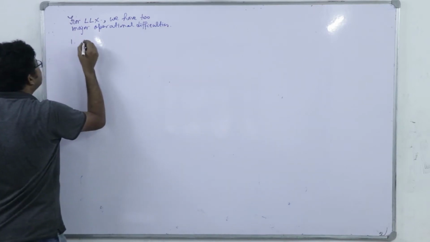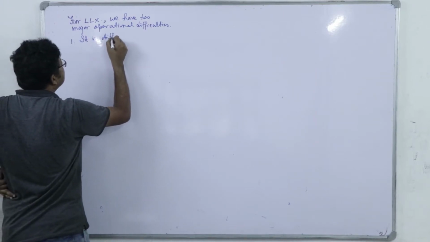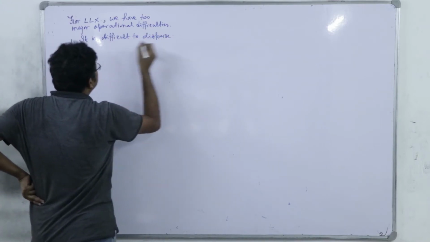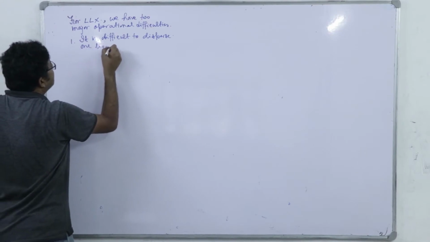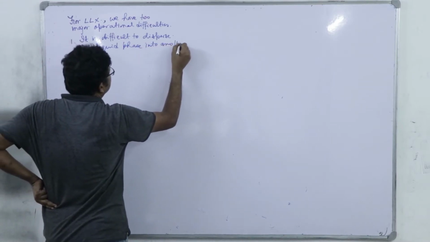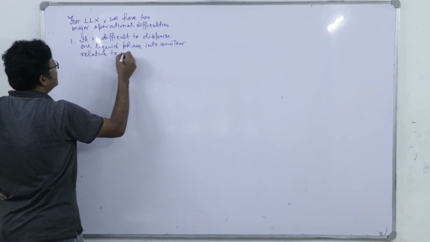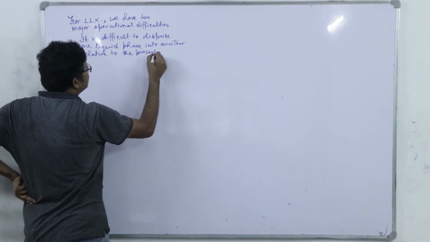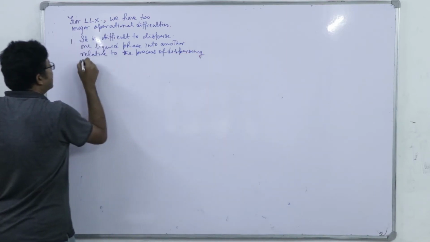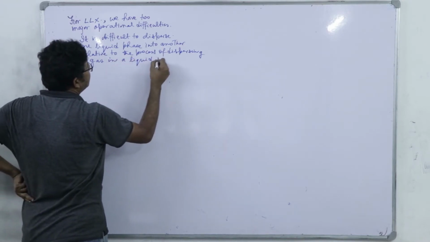Number one, it is difficult to disperse one liquid phase into another, relative to the process of dispersing a gas in a liquid stream, right.